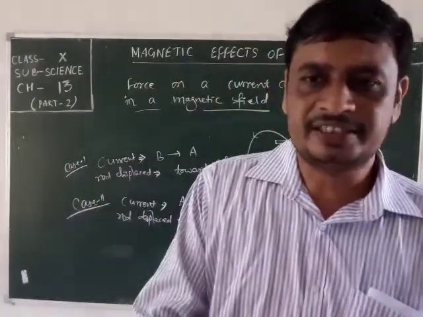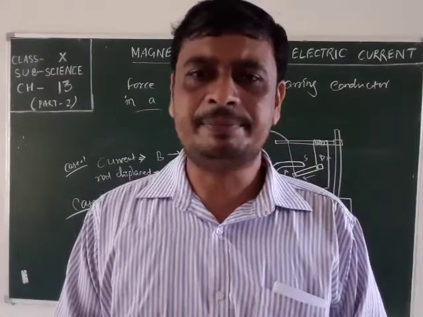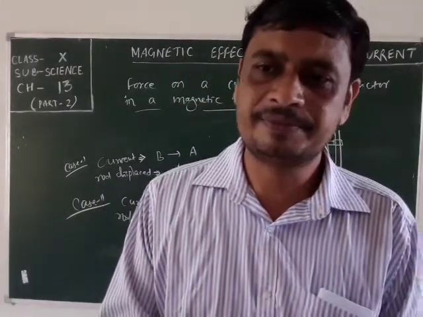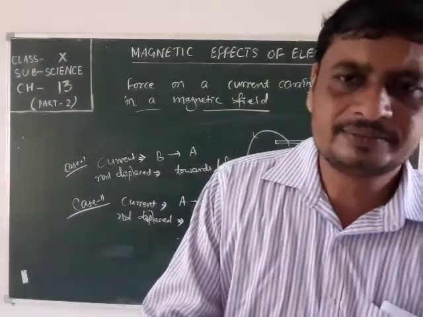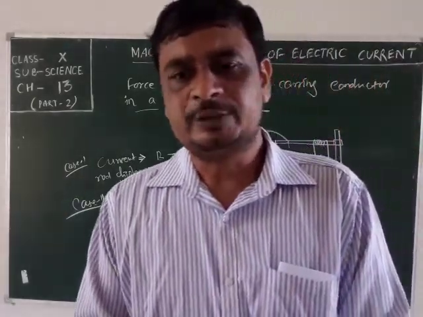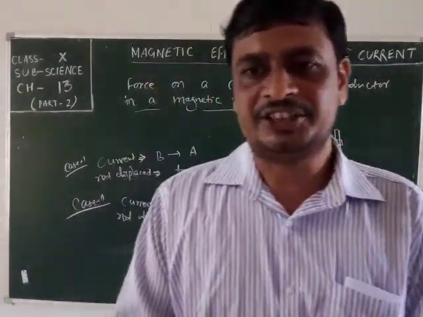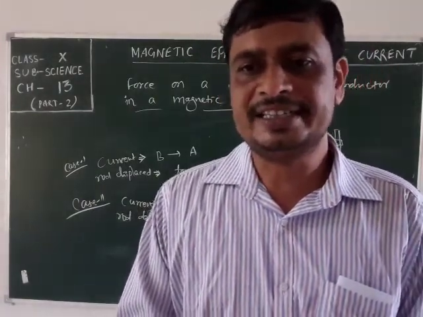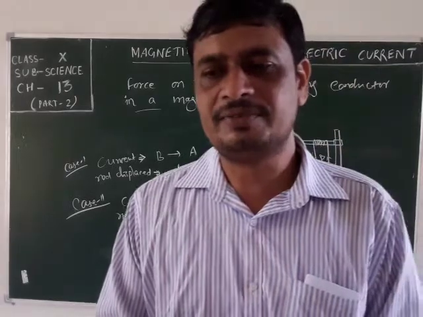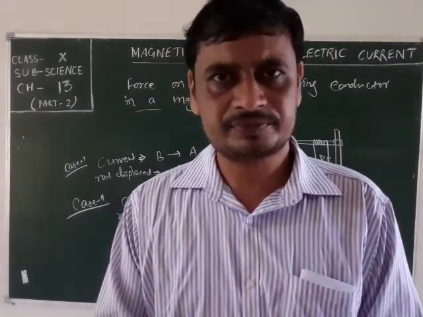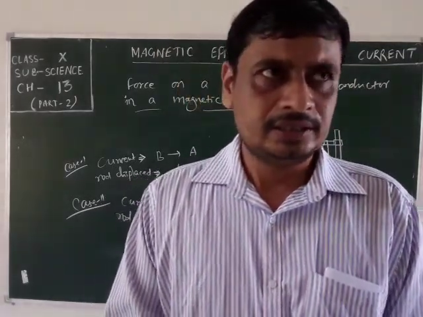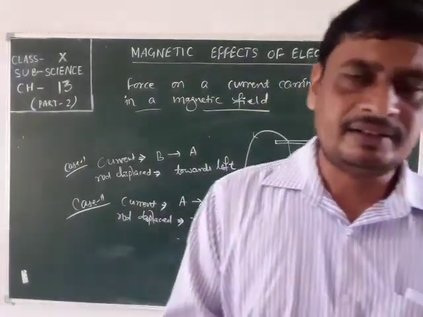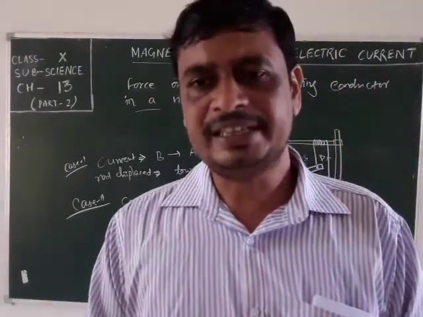It shows that the direction of force on the conductor depends upon the direction of current and the direction of the magnetic field. These experiments show that the displacement of the rod is largest when the direction of current is at right angles to the direction of the magnetic field. If the directions of magnetic field and current are perpendicular, then we get maximum force.